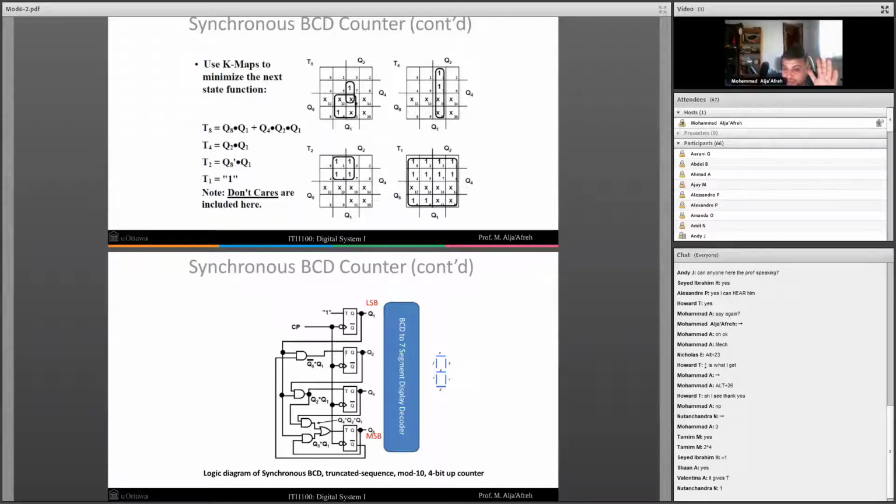Now if we connect the output of these counters to a 7 segment, what is it going to do? It's going to count from 0 to 9, and after that it will not display anything. But what if I would like it to count to 10? What should I do?